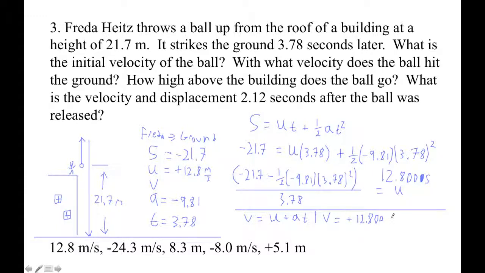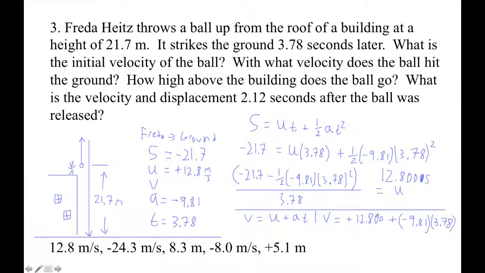Uh-oh, my pen's getting slow. Plus negative 9.81 times t. No, t is 3.78. I've got to write slowly. There we go.